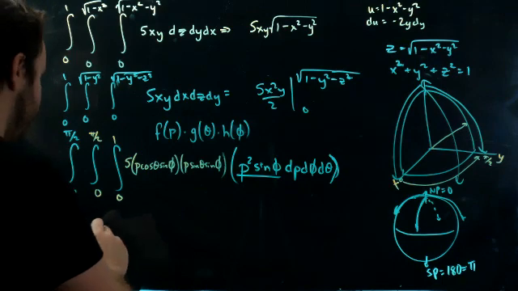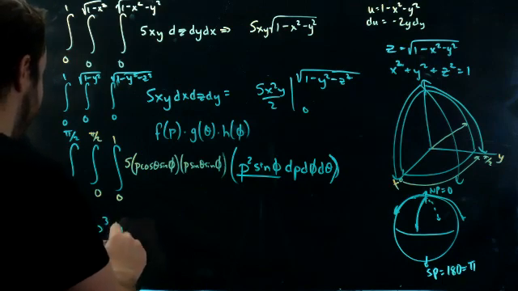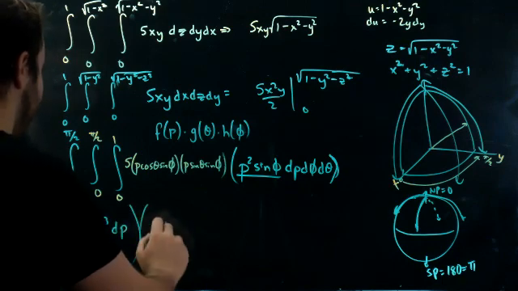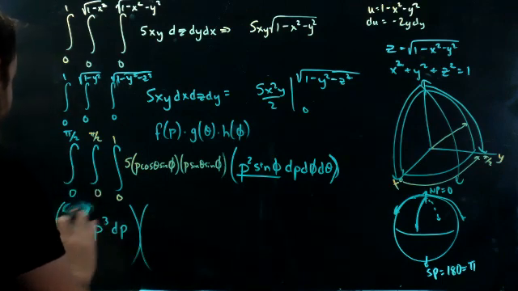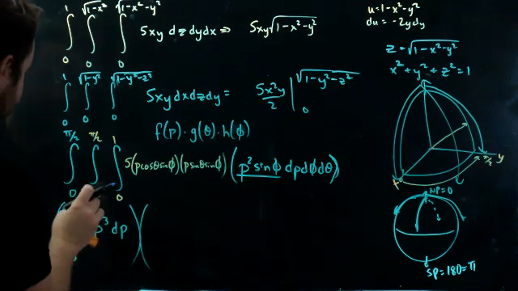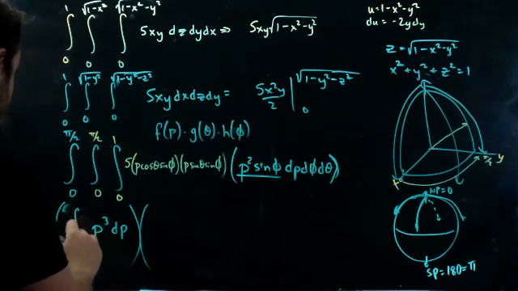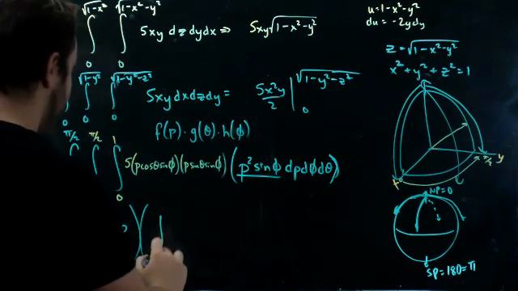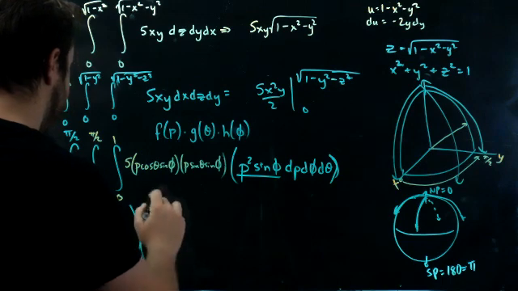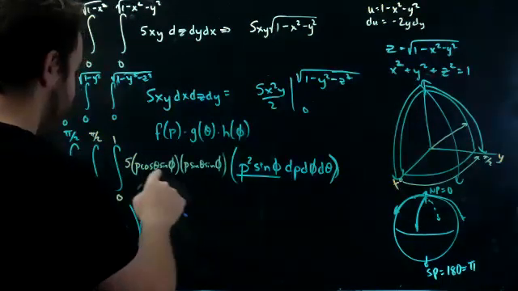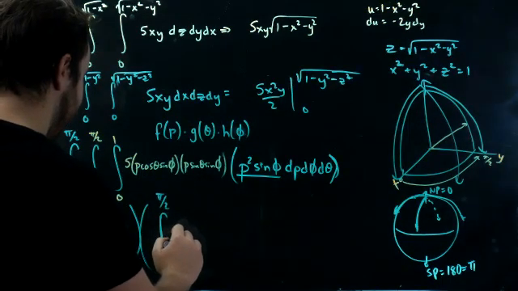So for instance, I can do this rho cubed d rho, and I can say, oh, that's 0 to 1, not 0 to pi over 2. Be careful. My bounds on theta go from 0 to pi over 2. And my functions involving theta are cosine theta and sine theta. So I have sine theta, cosine theta.